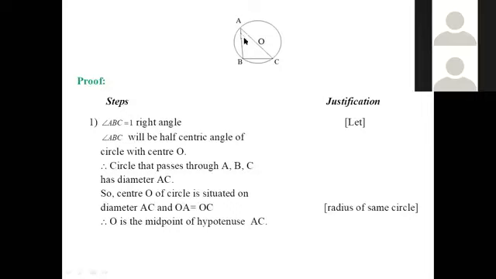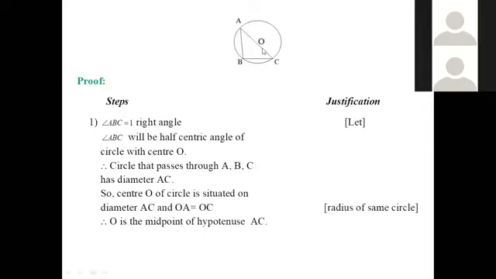Therefore, the circle that passes through A, B, C has diameter AC. This triangle ABC's hypotenuse AC is also the diameter of this circle.